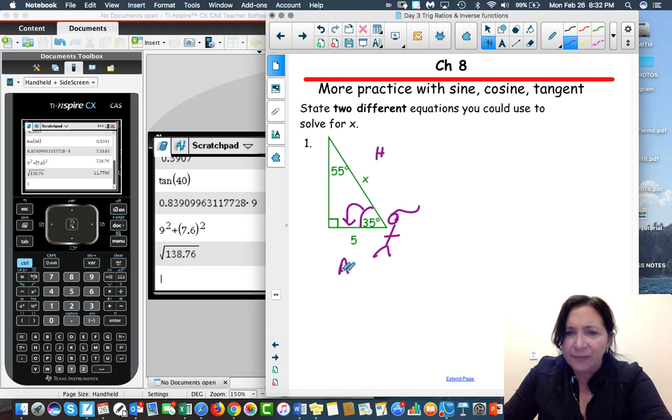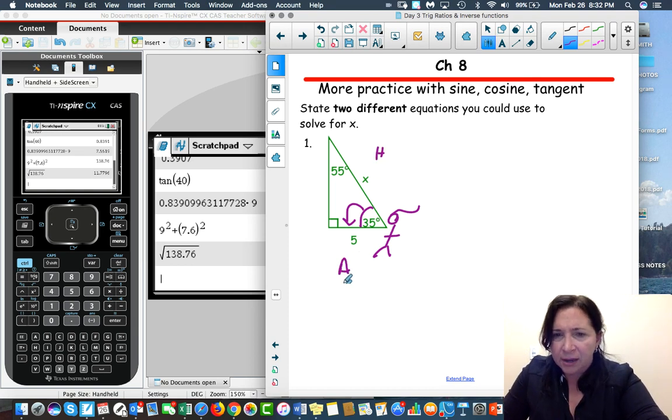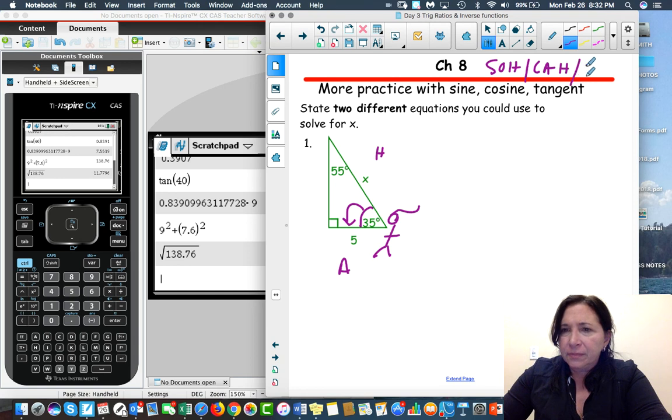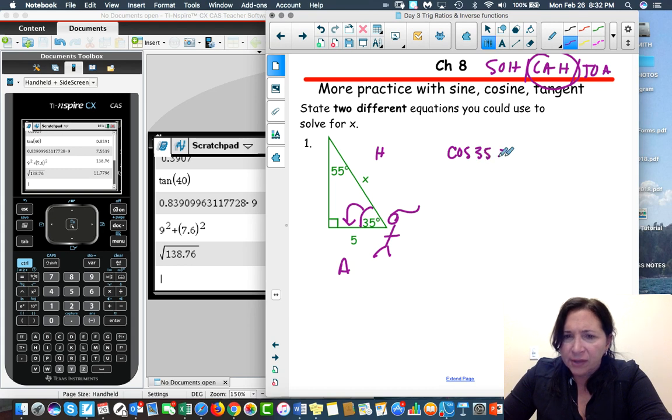Which one of the SOHCAHTOA ratios uses adjacent and hypotenuse? Well, that would be cosine, right?